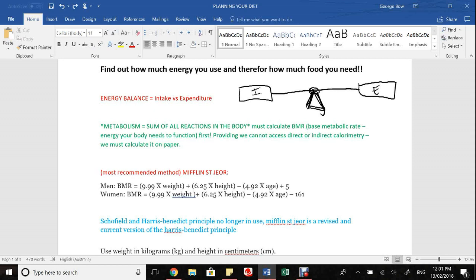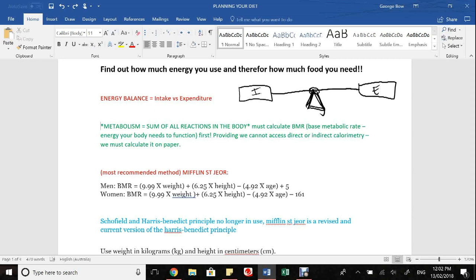That is your metabolism. Now this here, the BMR, is our basal metabolic rate, and that is the energy your body needs to function. So in calories, your BMR is the amount of energy you need to survive as a human. If you do not get that, you'll start to break down your tissue to find it, and that's where you see people with malnutrition and things like that.